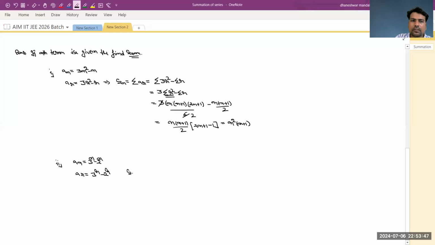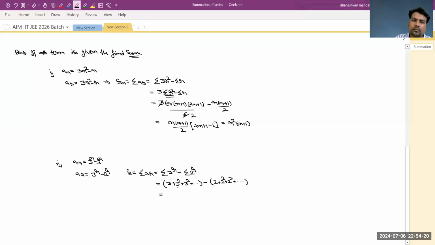And for the summation, I can write the summation of 3 raised to the power r minus the summation of 2 raised to the power r. Changing the value of r, here we get 3 square, 3 cube, and here we have 2 square, 2 cube.